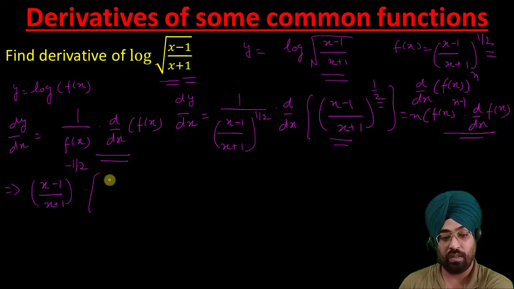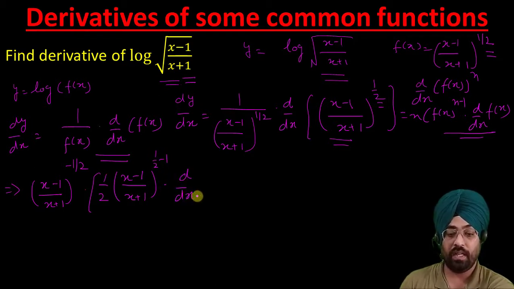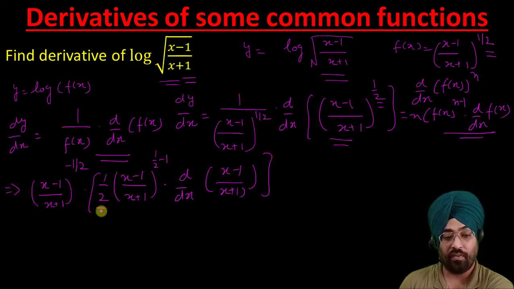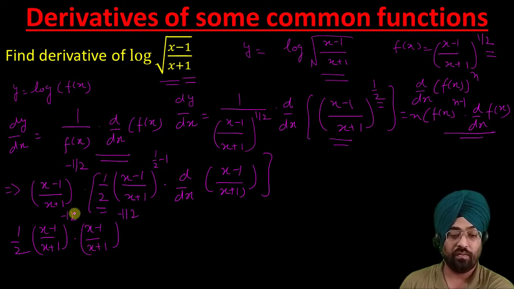So half will come in front: half times (x minus 1 divided by x plus 1) raised to the power half minus 1, into dy by dx of (x minus 1 upon x plus 1). Half minus 1 is minus half.